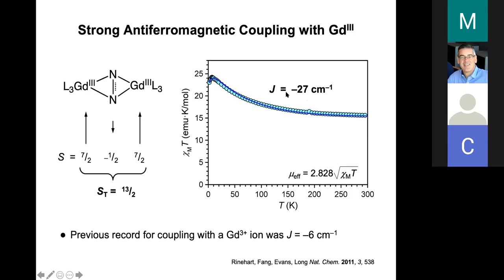So this was a huge increase over the largest previous exchange constants observed for gadolinium 3+, going from -6 to -27 wave numbers. And what that means is that these exchange interactions will persist to much higher temperatures than in other molecules.